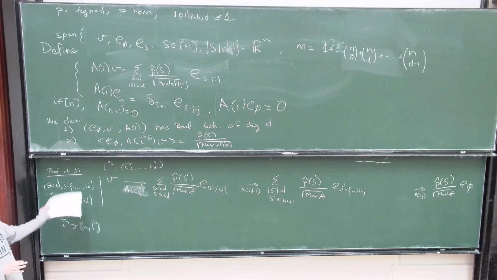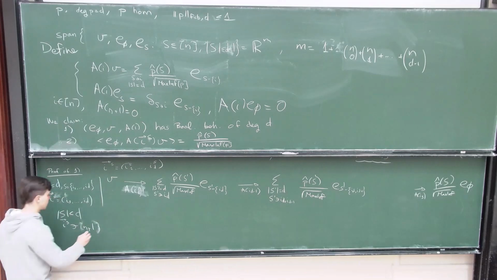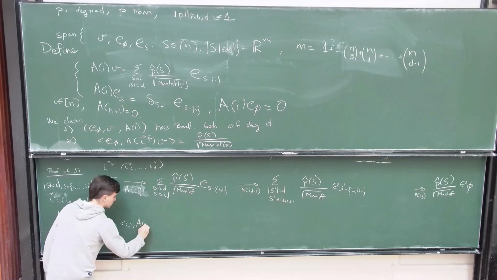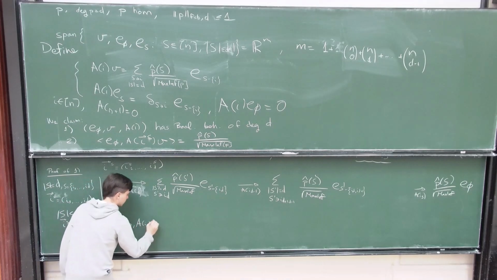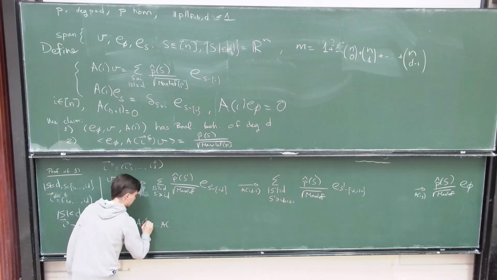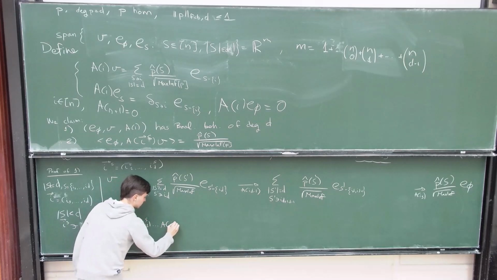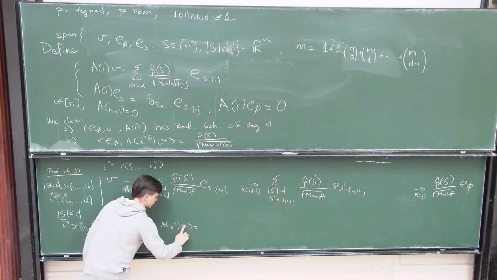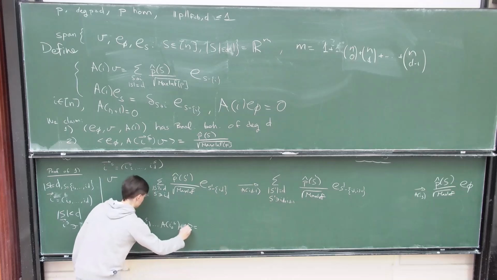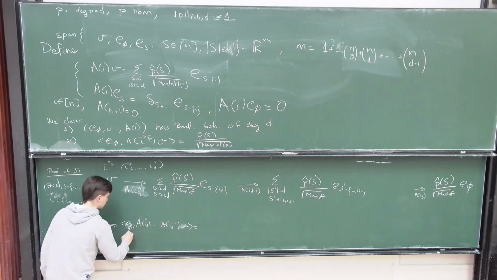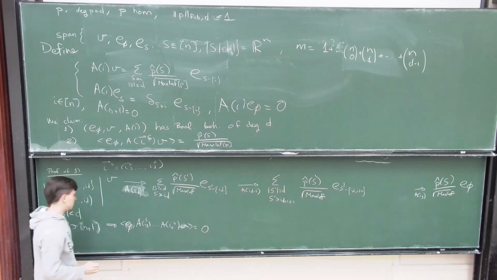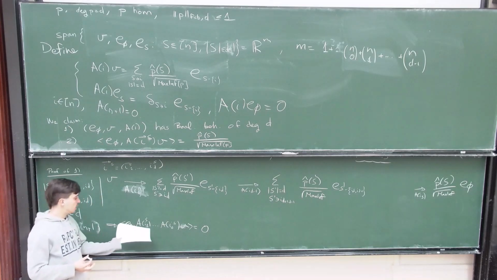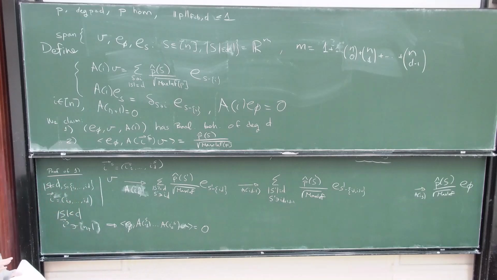In that case, this is going to be 0, because if you have n plus 1 at some point, then you multiply by the zero matrix, so that is going to be 0.